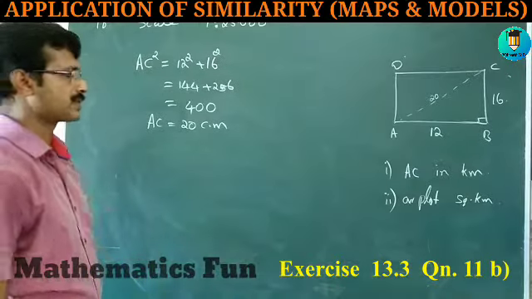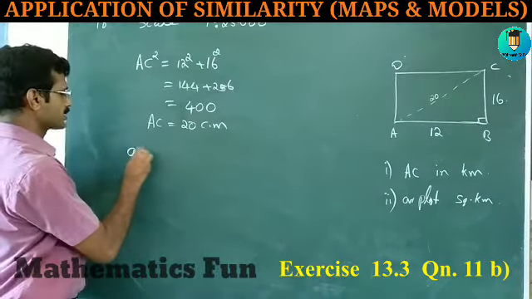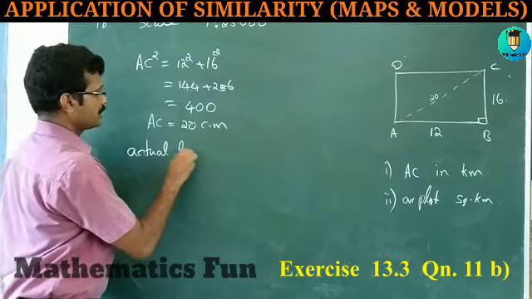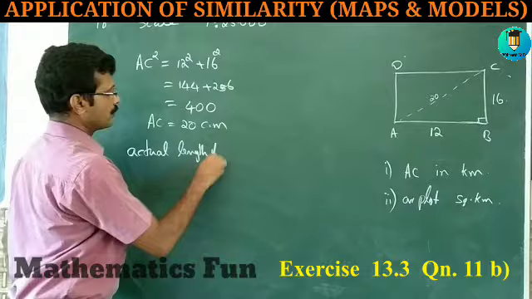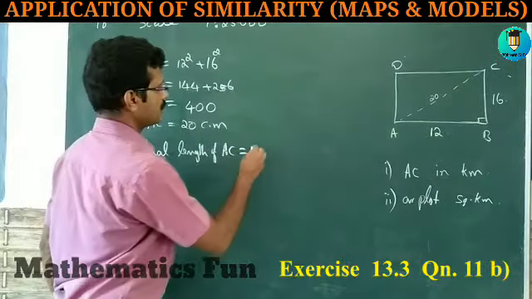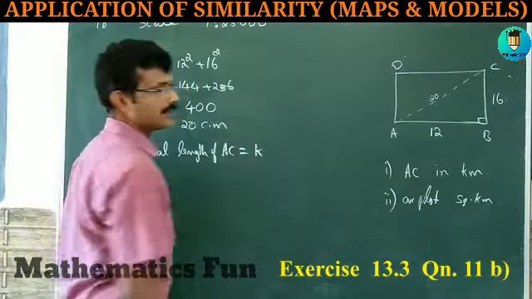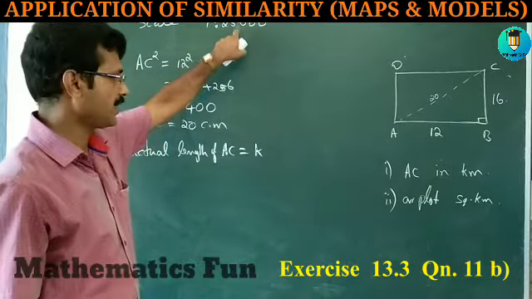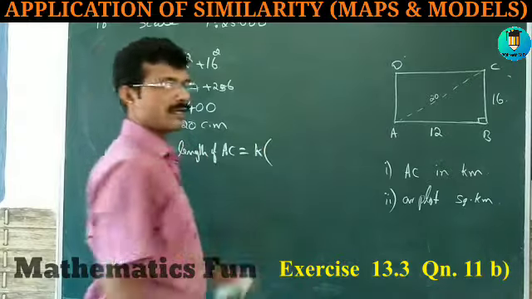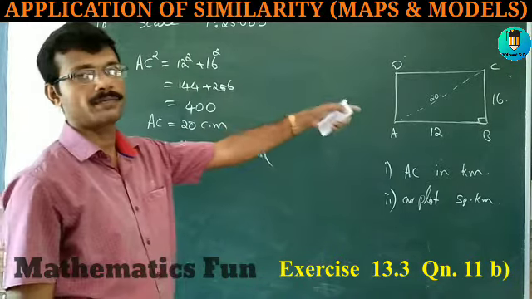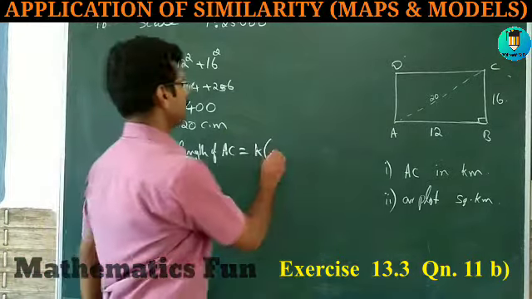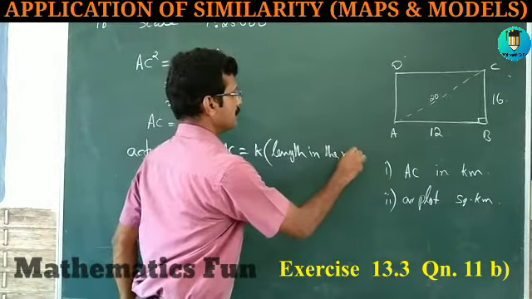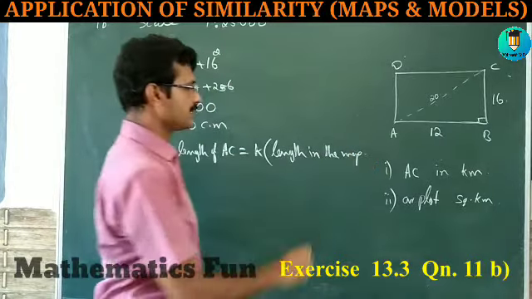Now the question is the actual length. So actual AC we can write next. I gave a result in the last class. Actual length of AC is equal to K into length in the map, where K is 25,000.